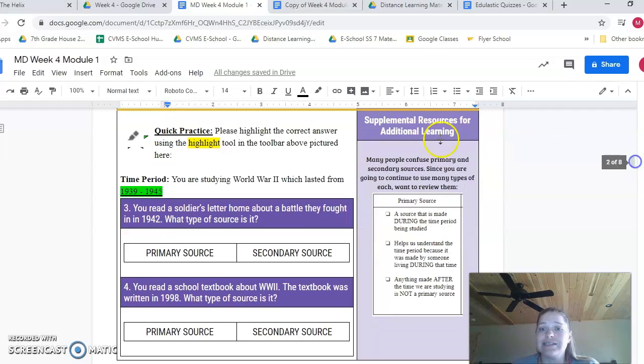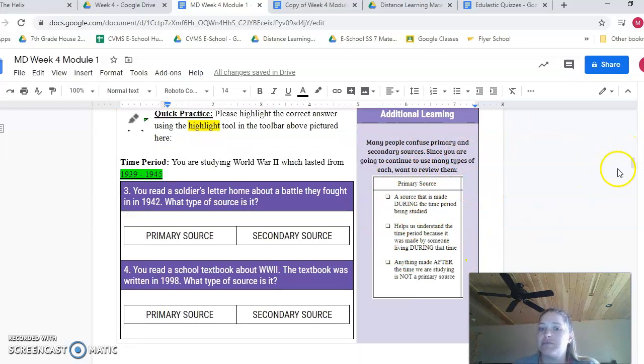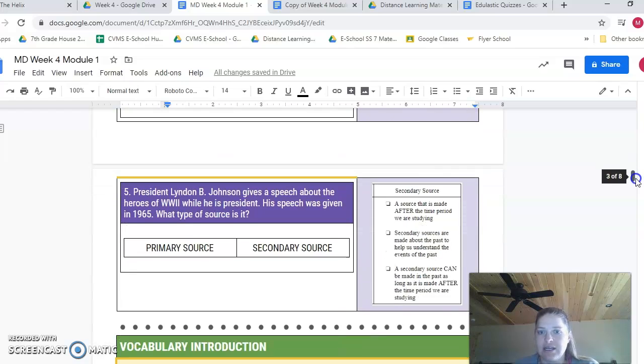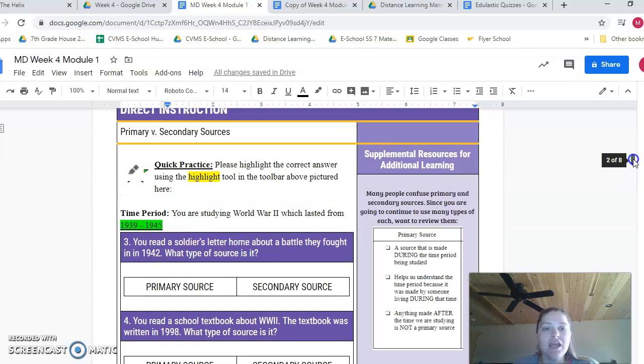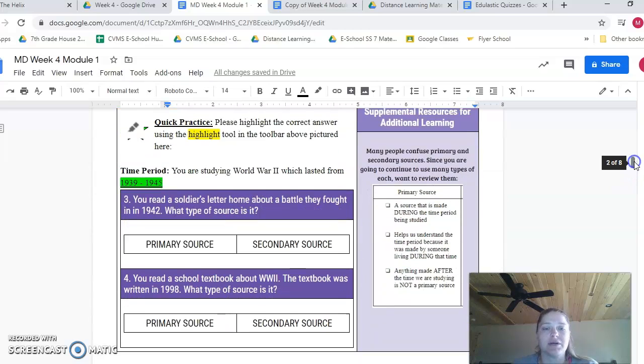If you are not, look over where it says supplemental resources for additional learning, and you can look at examples of primary sources and explanations of what a secondary source is. In this part, you're going to highlight the correct answer using the highlight toolbar. You're going to identify if the example is a primary or a secondary source.